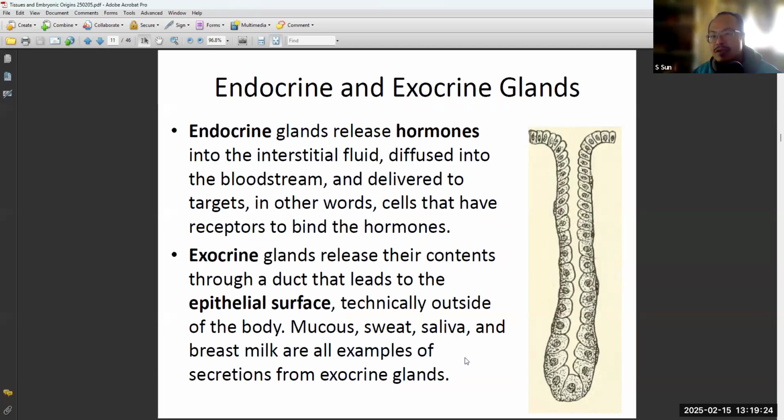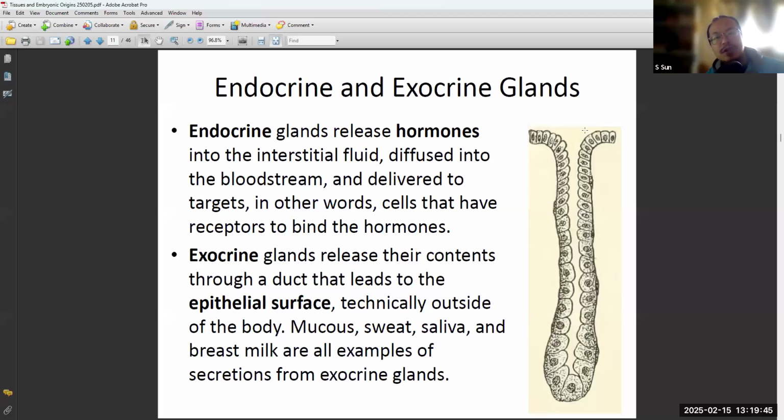These cells can also secrete stuff to the outside. We call this a gland. Some of these cells form the epithelium structure, and then they secrete and push it out.